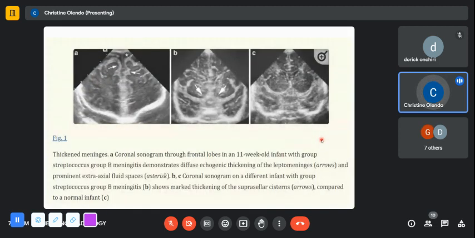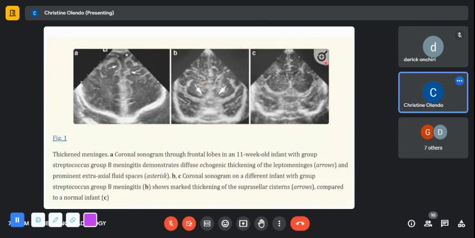So these are other sonograms. We have coronal through the frontal lobes in an 11-week-old infant with group B strep meningitis. We're also seeing diffusely echogenic leptomeninges denoted by the arrows, and also a subdural collection, most likely an empyema, of fluid within that area shown by the asterisks.